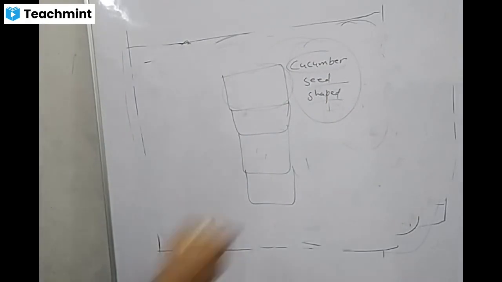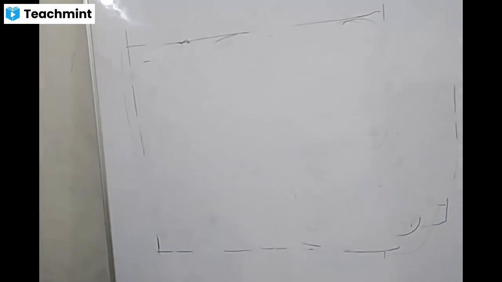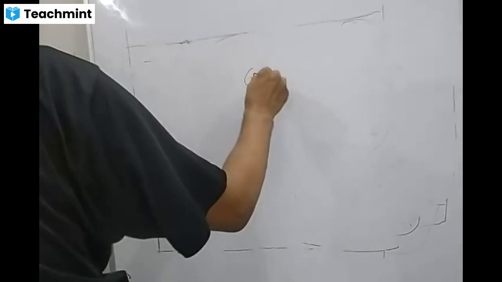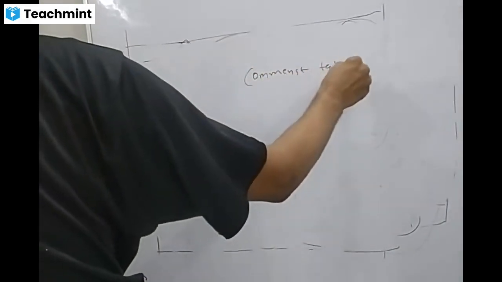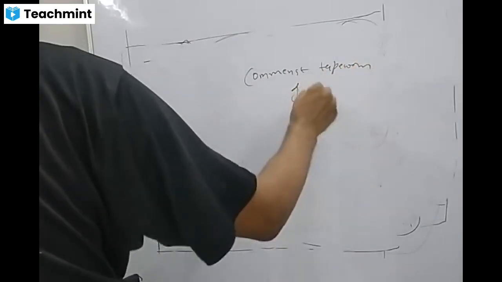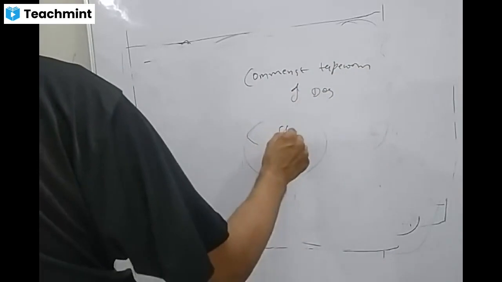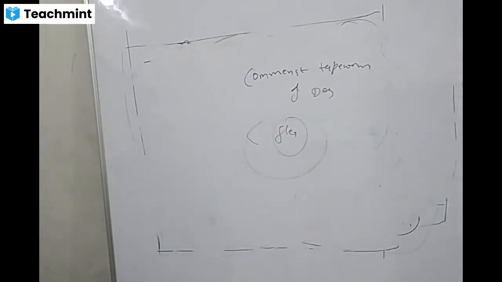The definitive host for this is the dog, and it is also known as the commonest tapeworm of the dog, because on the body of a dog what is common to find? Flea. So we call it the commonest tapeworm of the dog.